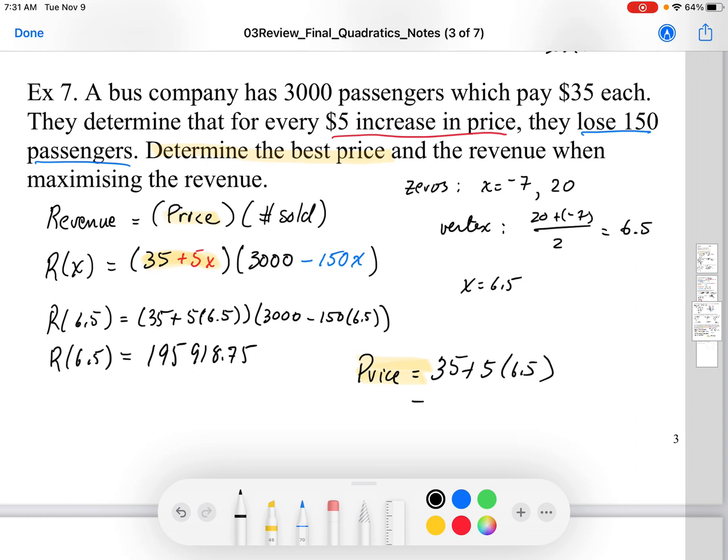So the best price, 35 plus 5 times 6.5 gives me $67.50. So if I increase the price to $67.50, that's going to give us the max revenue. Okay, and that max revenue happens to be $195,918.75.